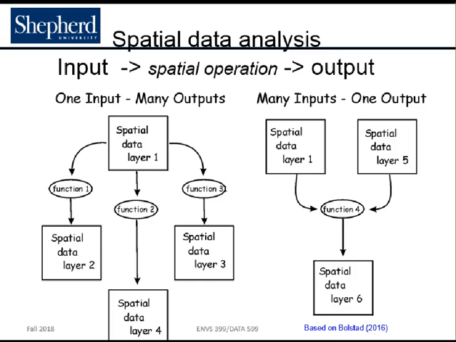For example, we would have elevation as an input, and we would have slope and aspect as two different outputs. The output can be spatial, for example, a new data layer, or a non-spatial relation, a table of some size.